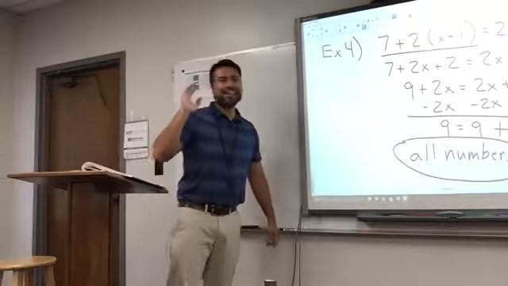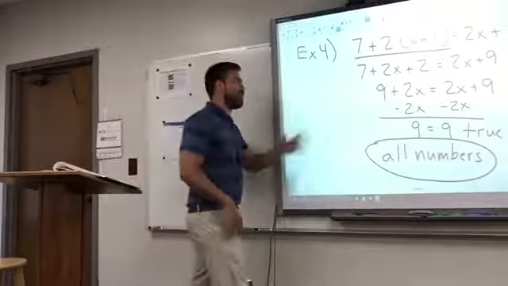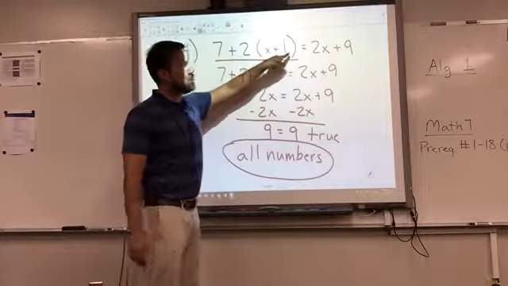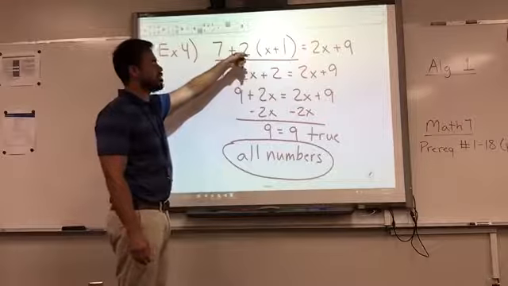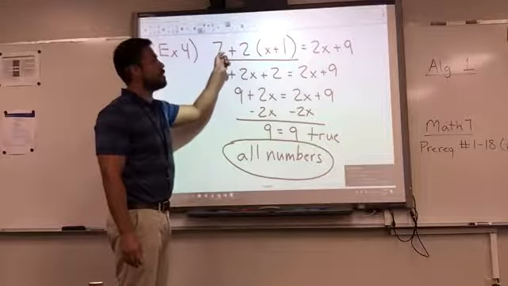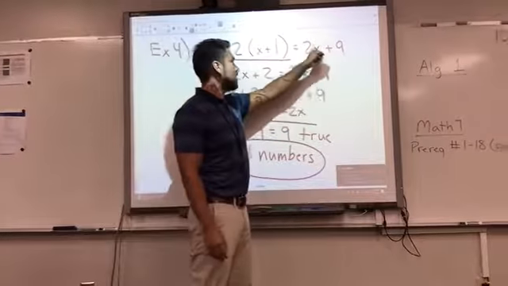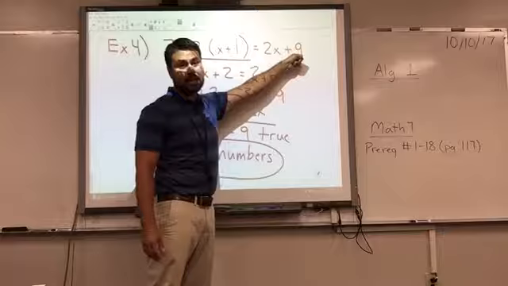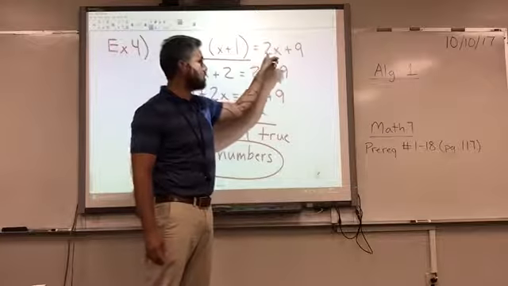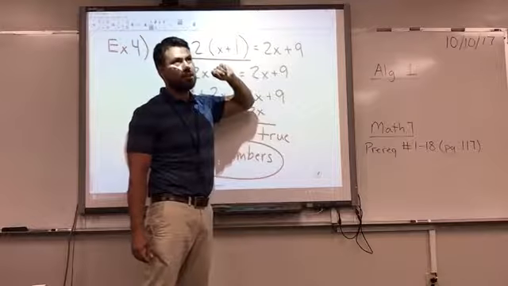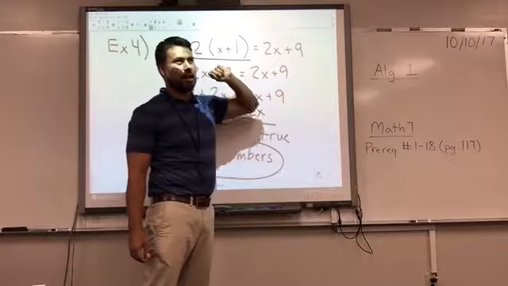Give me another number. 21. Fine. 21 plus 1 is 22, times 2 is 44, plus 7 is 51. 22 times 2 is 44, plus 9 is 53... I'm losing it here.